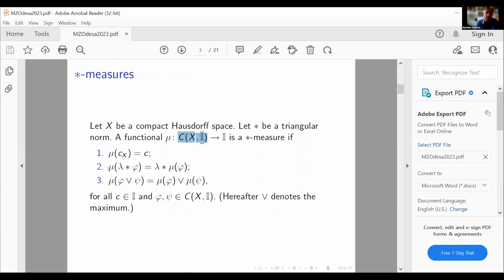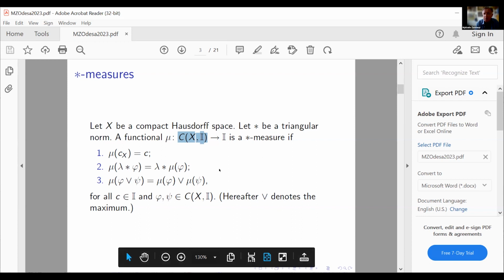So the value of mu on this new function should be equal to lambda star mu of phi. And the third property is that mu preserves the maxima of functions. By wedge, I denote the maximum of two functions, pointwise maximum, or a maximum of two numbers on the right-hand side.